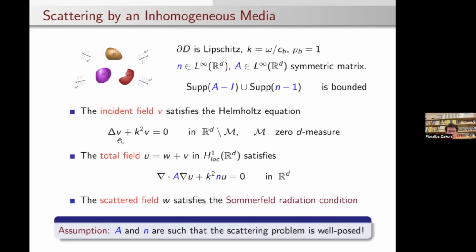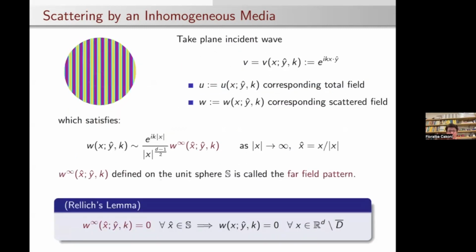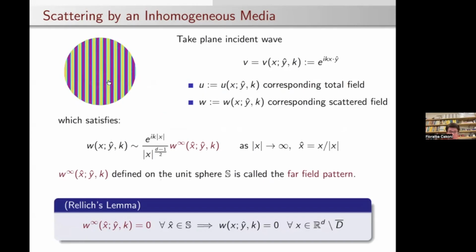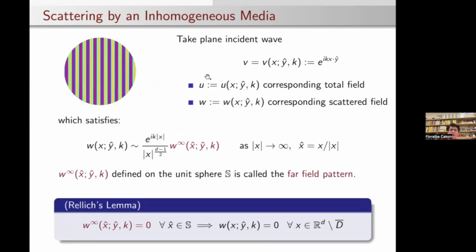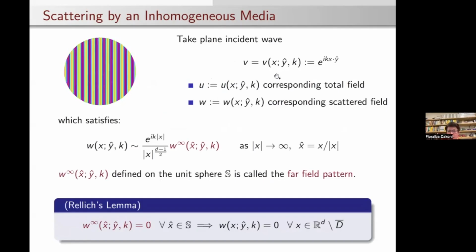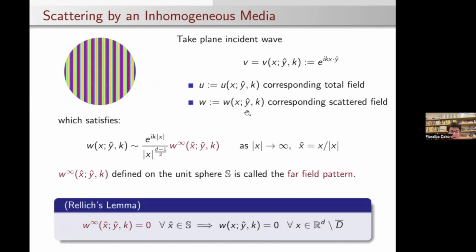Theoretically, you may send a wave that solves the equation of the background everywhere, possibly without a manifold of zero measure, like a surface or a point source, or maybe an entire solution to the Helmholtz equation. In particular, if we send a plane wave, the incident field has this simple form, then one has the total field and the corresponding scattered field, right?